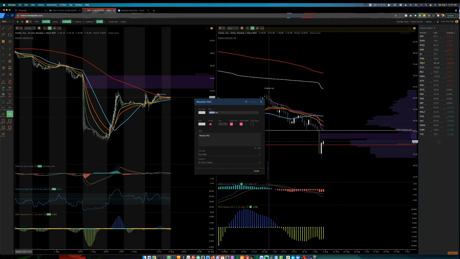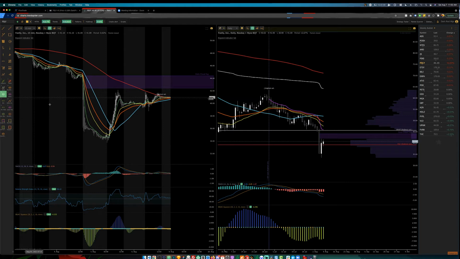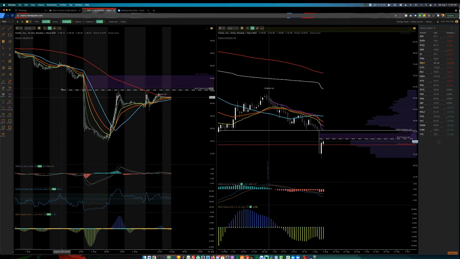Well, I need a monthly. Sorry. Should have done all this before I started, but that's how it works sometimes. All right, now we have a monthly mid. All right, so the weekly cloud is right in there, right? Right in this $43 level too.